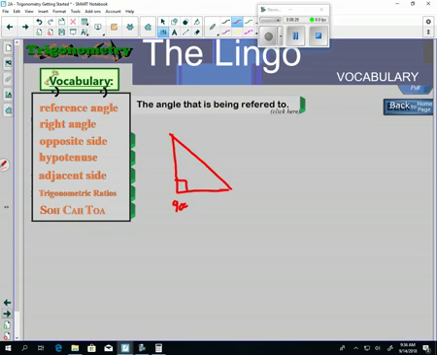But we have to say, are we talking about this angle, or are we talking about this angle? So whatever angle we refer to is called the reference angle. If I tell you that angle A is 60 degrees, then A is my reference angle. Okay? Reference angle is the angle that is being referred to. Which one am I referring to?